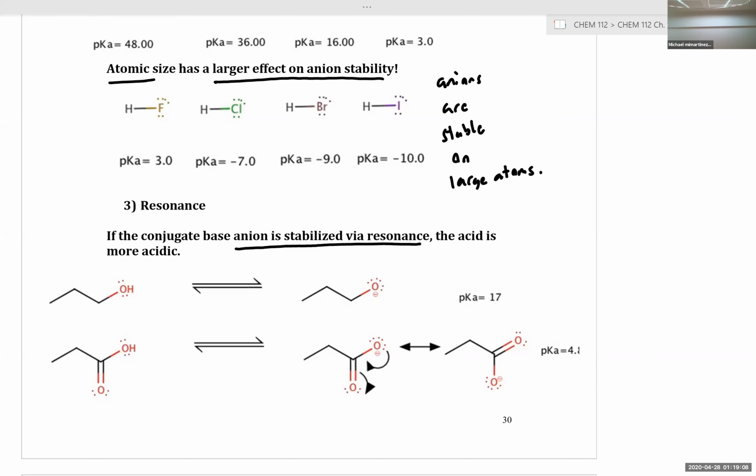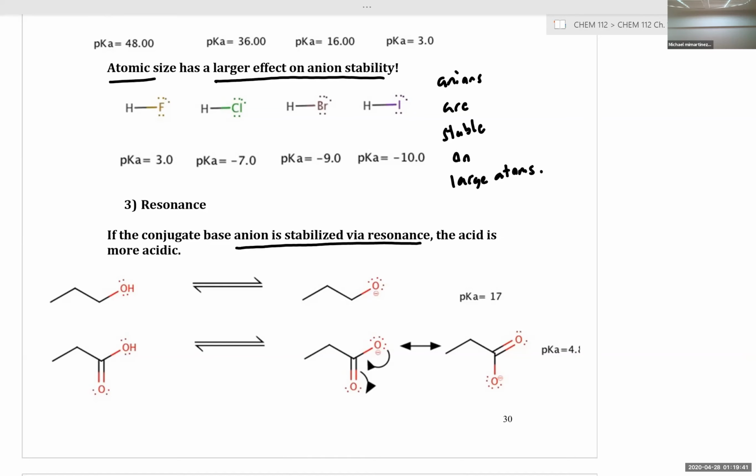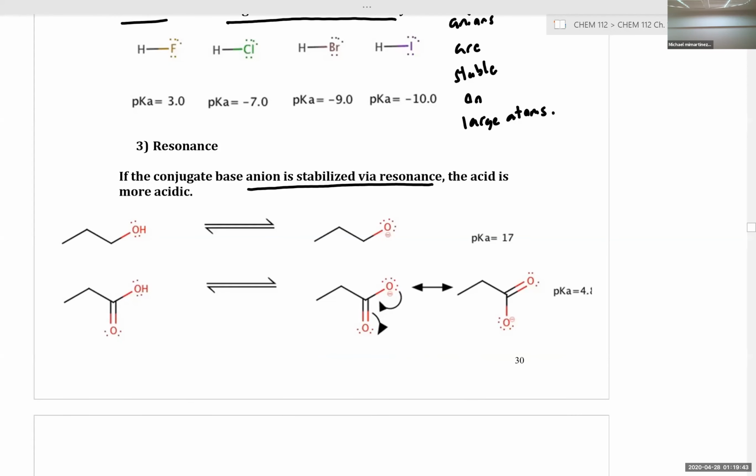So that's why, for example, the propyl alcohol derived anion, or the propoxide anion, is less stable than, for example, an acetate anion. The acetate anion is stabilized via resonance. That's why this carboxylic acid has a lower pKa. So you can use pKa values as sort of a cheat sheet to guesstimate and estimate the relative stability of anions for the most part.